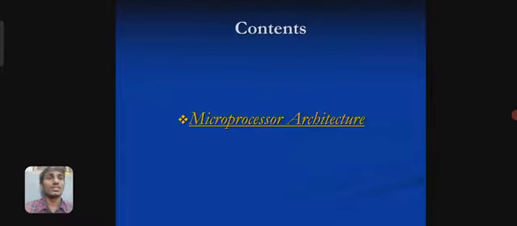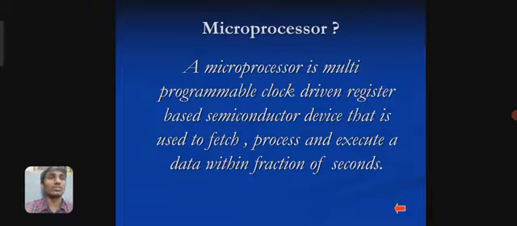So coming to the microprocessor architecture. What is a microprocessor? A microprocessor is a multipurpose programmable clock-driven register-based semiconductor device that is used to fetch, process and execute data within a fraction of a second.